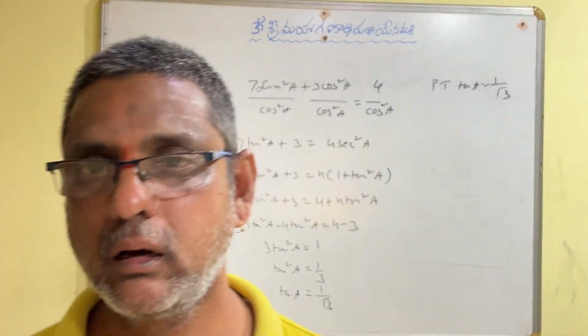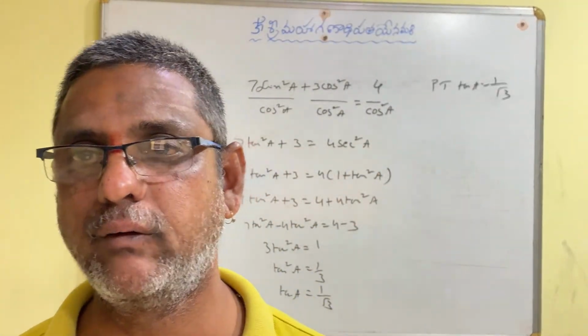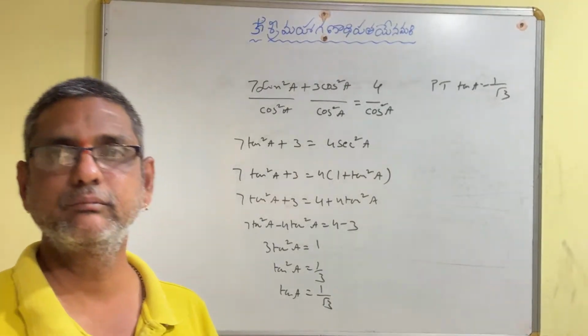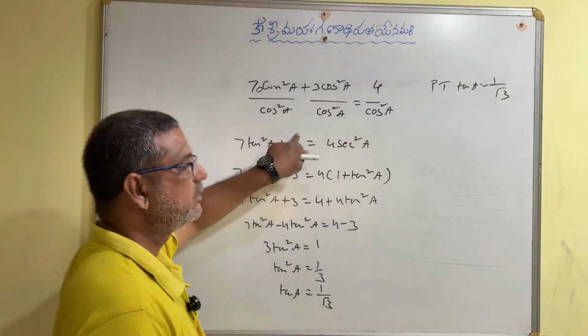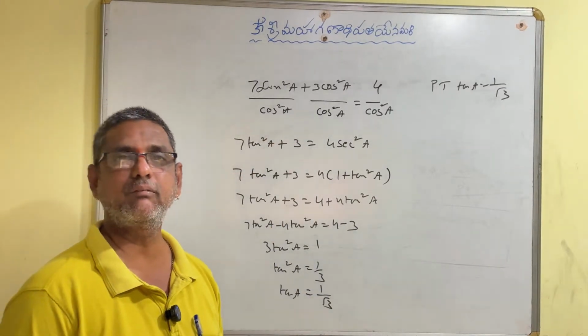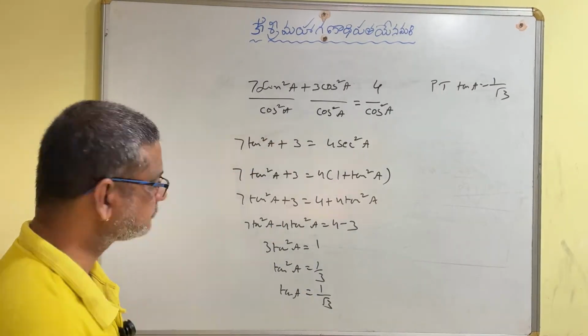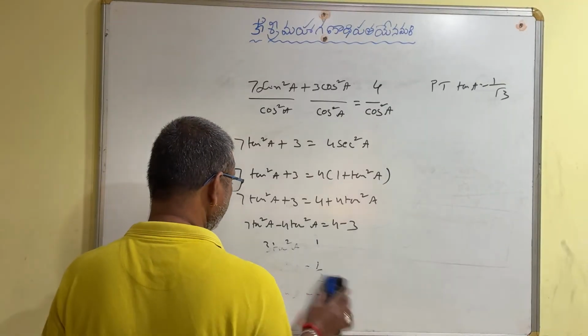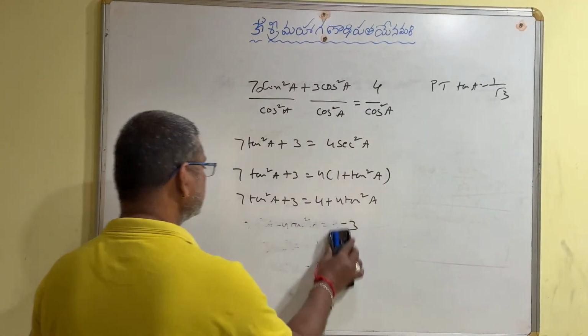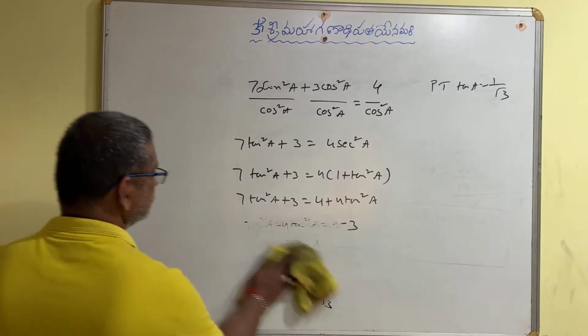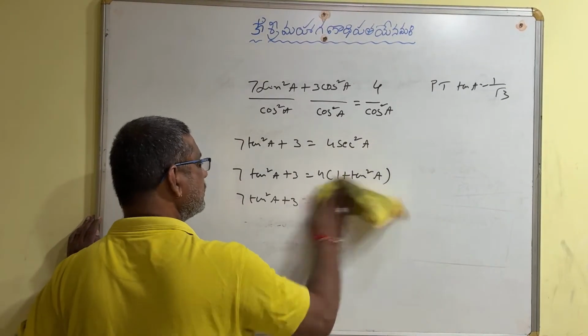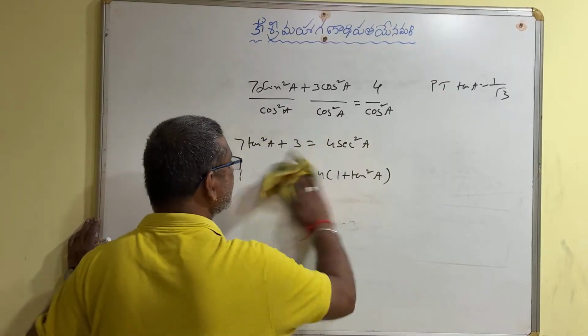Anyone? Dividing with cos square A. Very good. Just getting an idea that converting the given equation in terms of tan A is very, very important. Good. Next question.